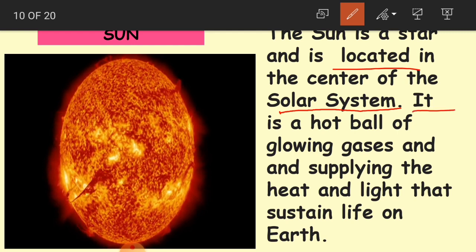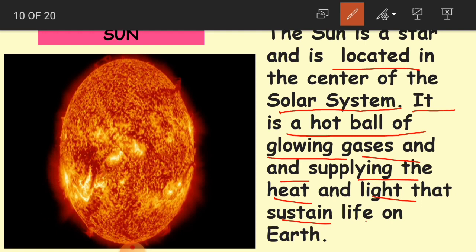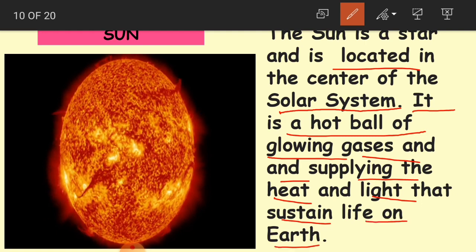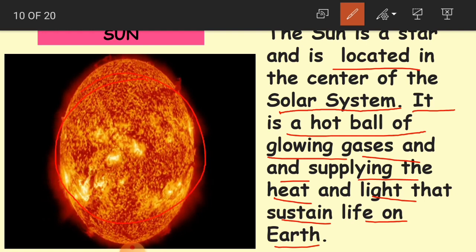It is a hot ball of glowing gases and supplies the heat and light that sustain life on earth. What is this? It is a hot ball of glowing gases. Are you able to see here in the picture how it is?